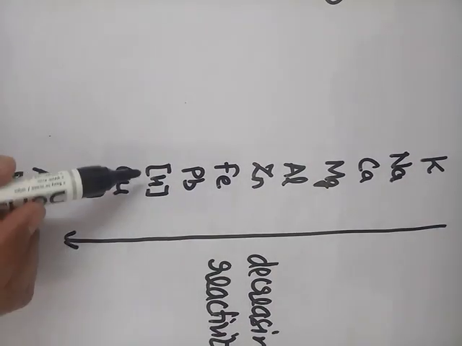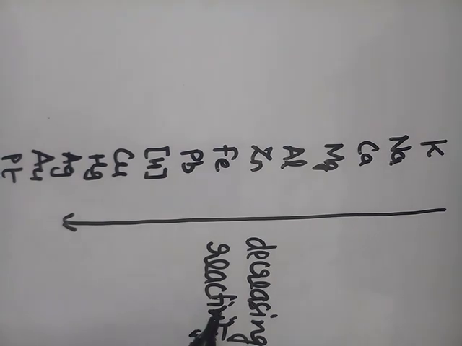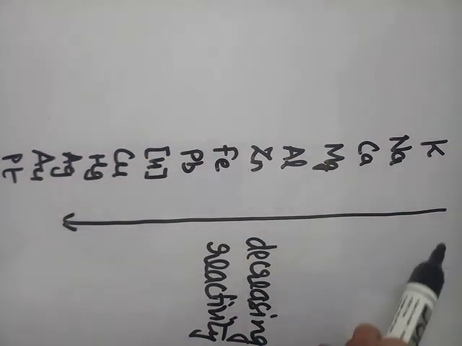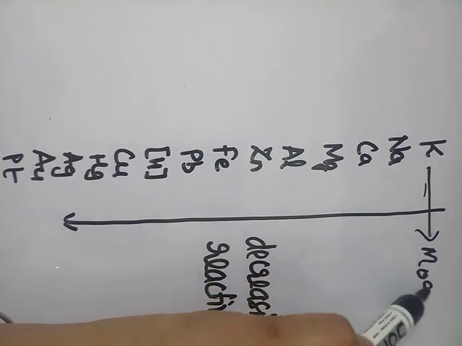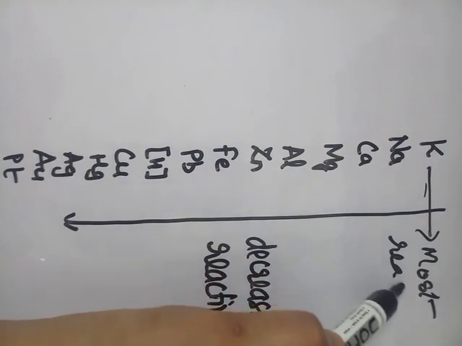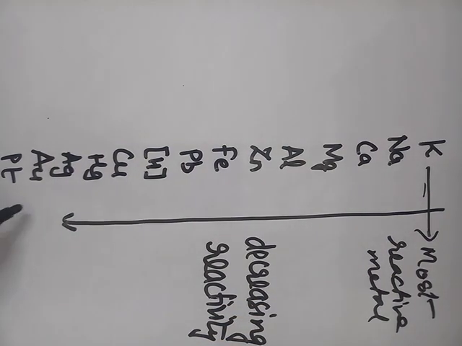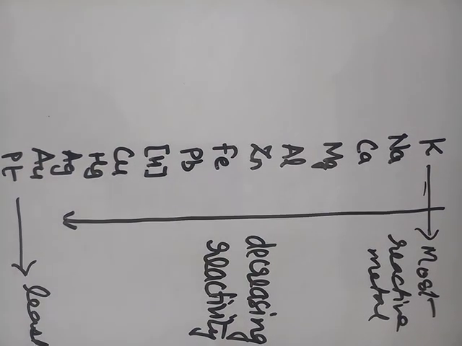On this side the reactivity is being decreased. So according to this, potassium is the most reactive metal, and silver, gold, platinum are the least reactive metals.